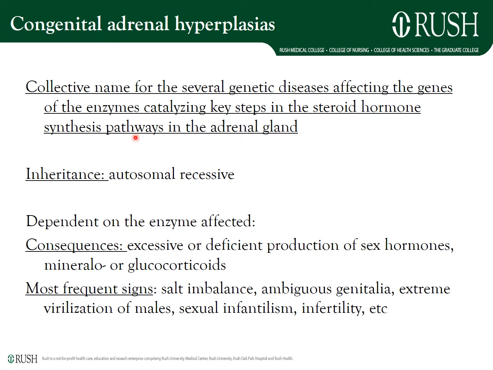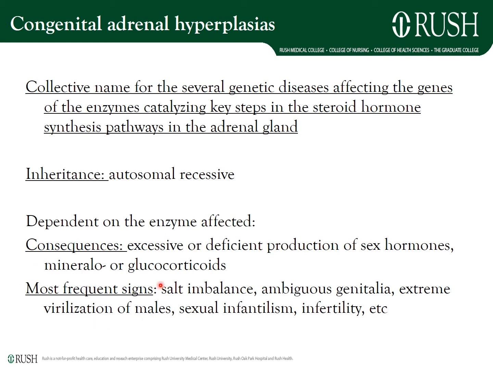The inheritance pattern of all of these hyperplasias is autosomal recessive. And depending on what enzyme is affected, the consequences are excessive or deficient production of one or the other type of hormone: sex hormones, mineralocorticoids or glucocorticoids.